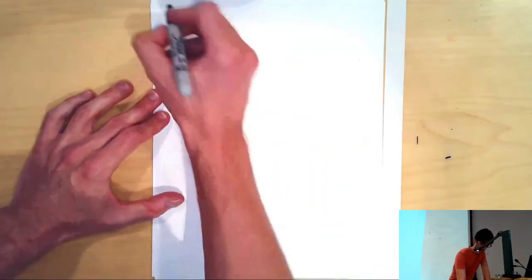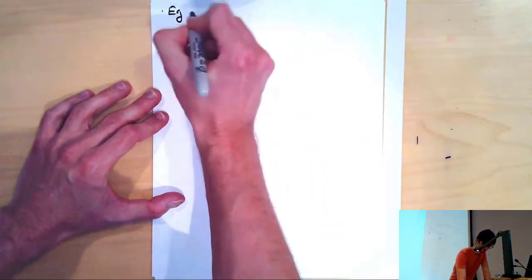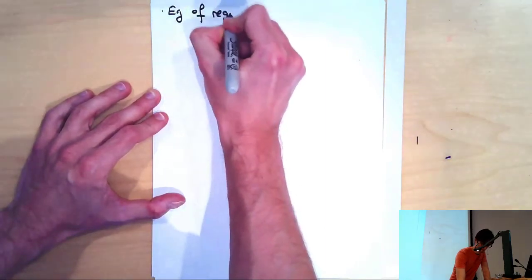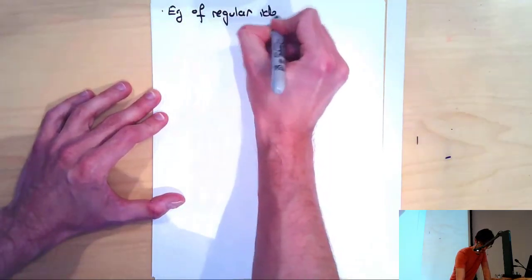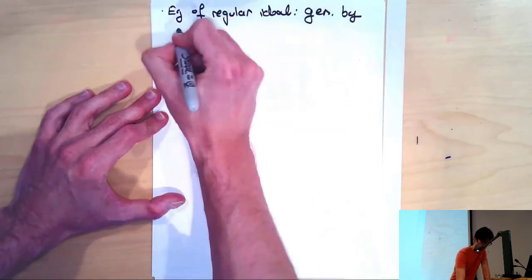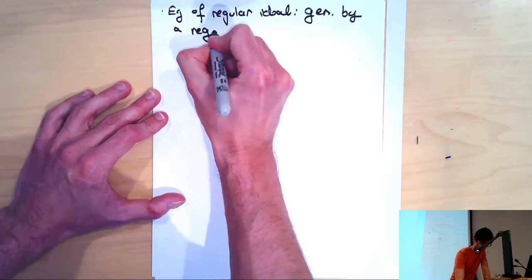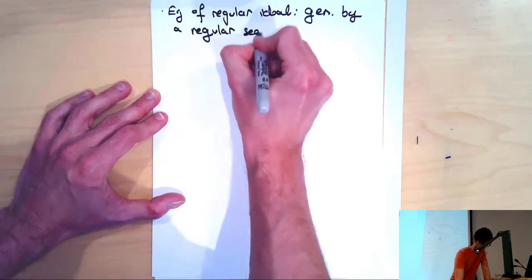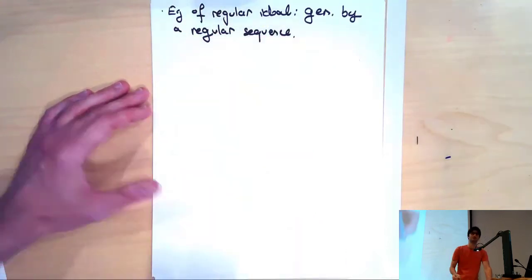Let me make some comments on this regular ideal business. An example of a regular ideal: if I'm generated by a regular sequence, then I'm a regular ideal.